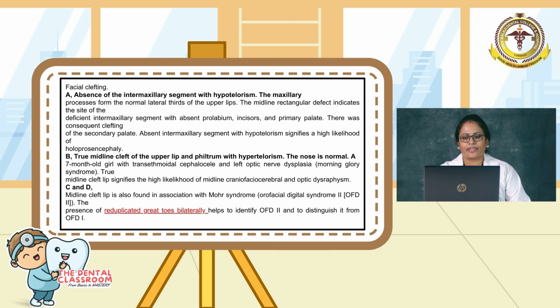This type of defect carries a high risk of serious brain anomalies. The second is an example of a true midline cleft of the upper lip and philtrum. And finally, the lower images highlight midline cleft lip in association with a syndrome like Mohr syndrome. These pictures remind us that midline cleft is not just a cosmetic issue, but a window into an underlying syndrome or some neurological conditions.